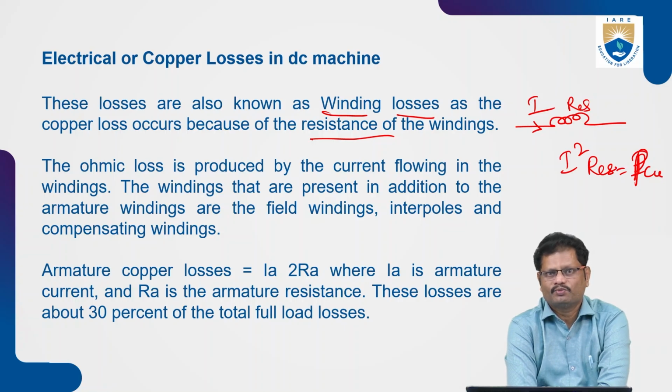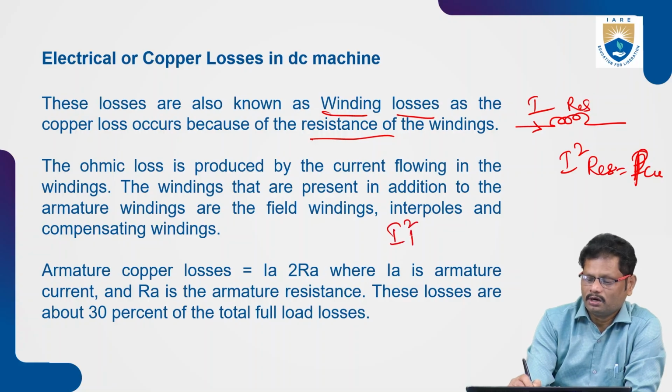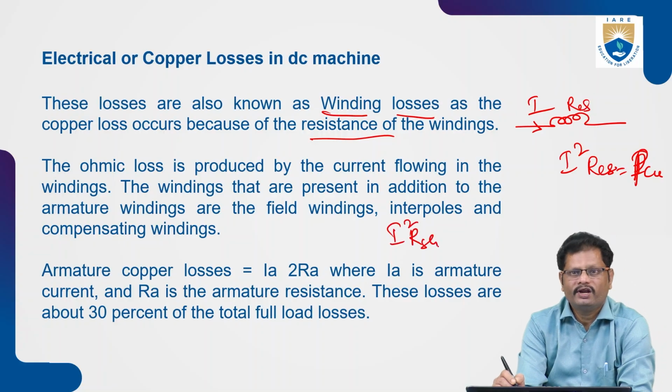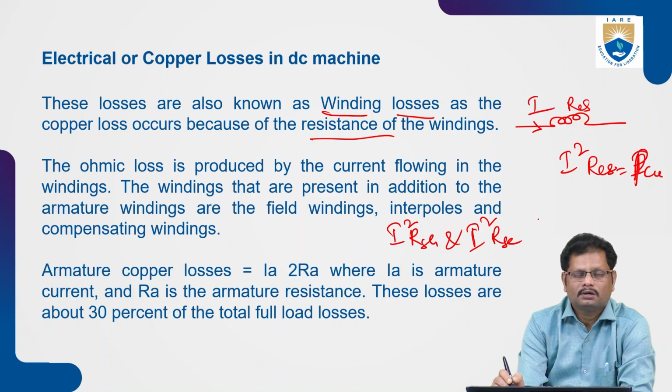Then the ohmic loss is produced by the current flowing in the windings. The windings that are present in addition to the armature windings are the field windings. So I square R_SH means the shunt field copper losses, and I square R_SC is the copper losses in the series field winding.